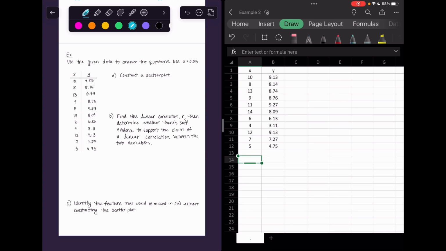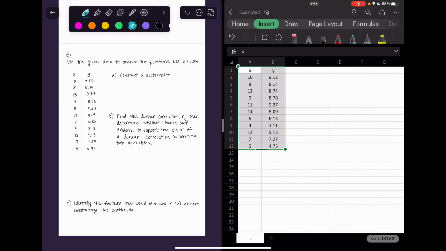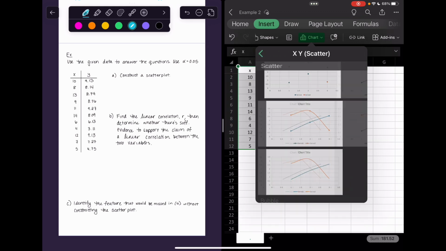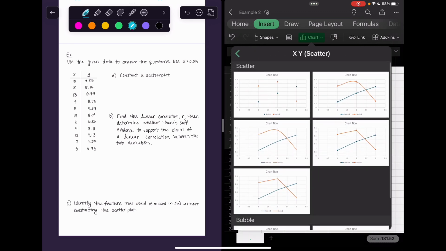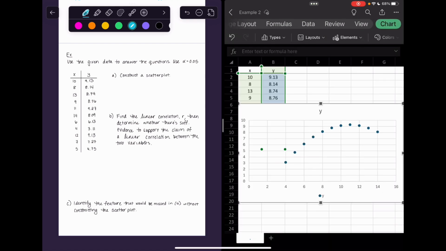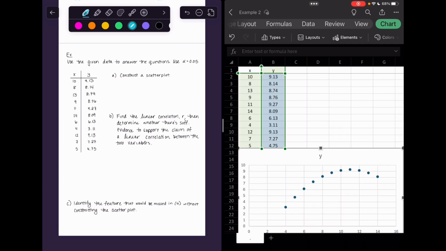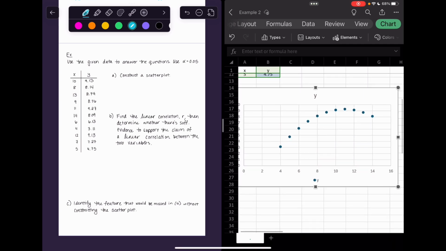The first thing I'm going to do is construct a scatter plot. So I'm going to select all my data, go to Insert, and then go to my charts. I want a scatter, and then you can pick the one you want. For us, we specifically just want those values. Sorry, those ones there.